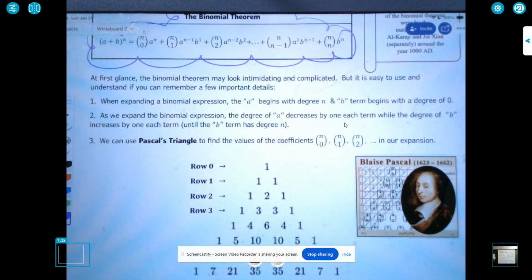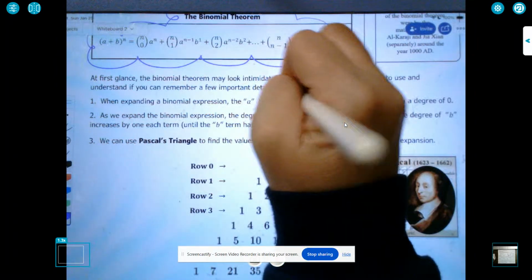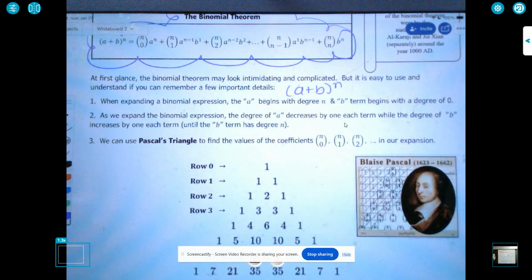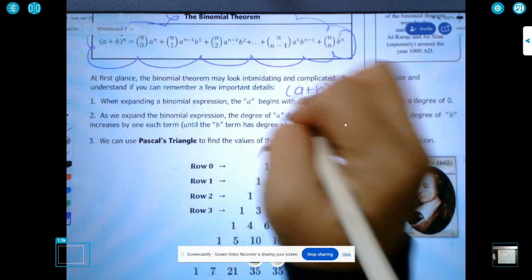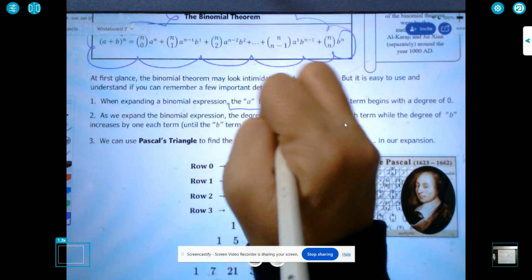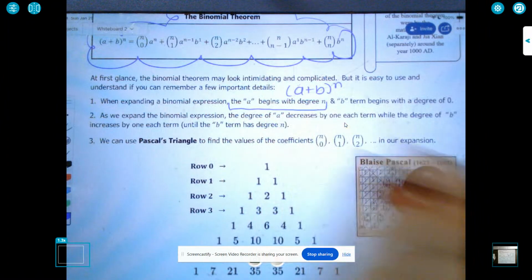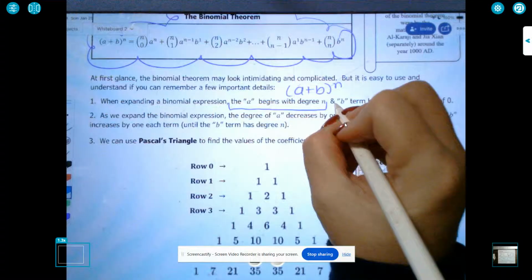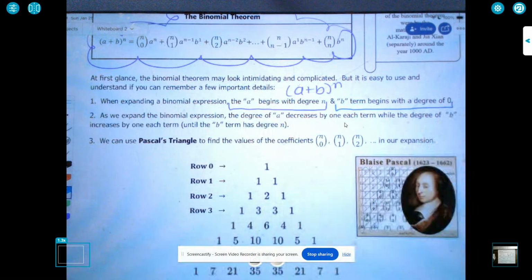Okay, so when expanding a binomial expression, the a begins with degree n and the b begins with a degree of 0. So a plus b to the n is what we're expanding.